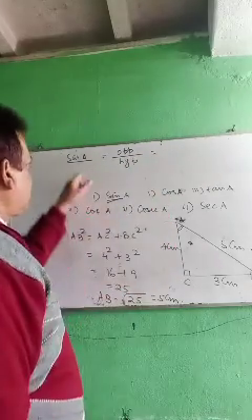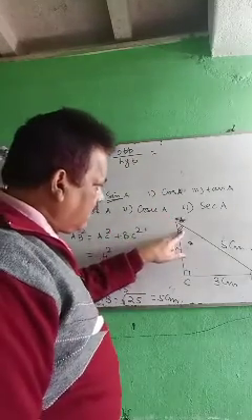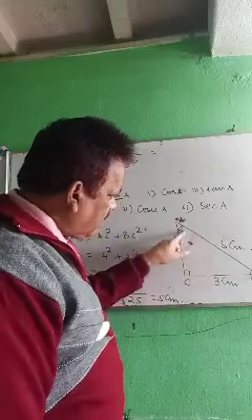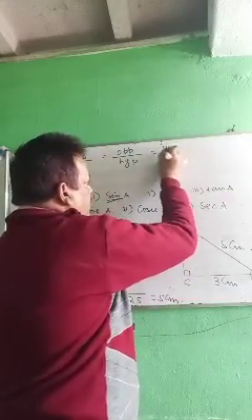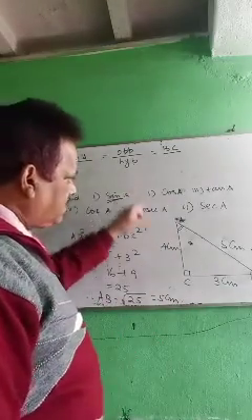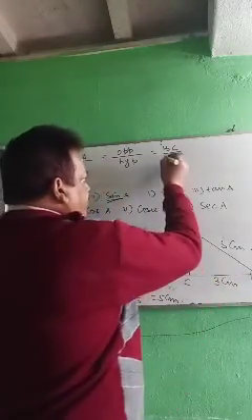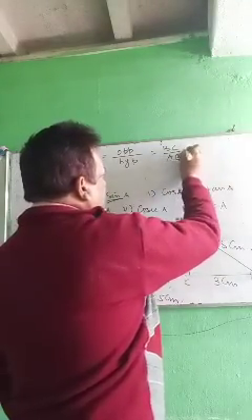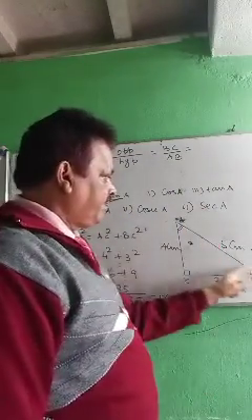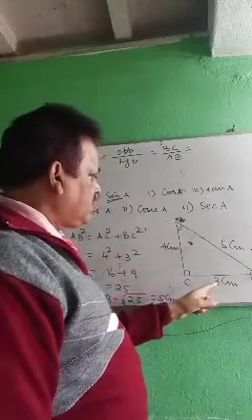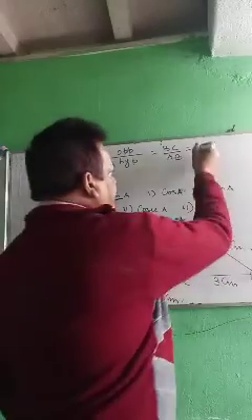Listen carefully. Sin A angle का opposite A का opposite is BC. BC by hypotenuse. Hypotenuse means AB. So that is 3 by 5.